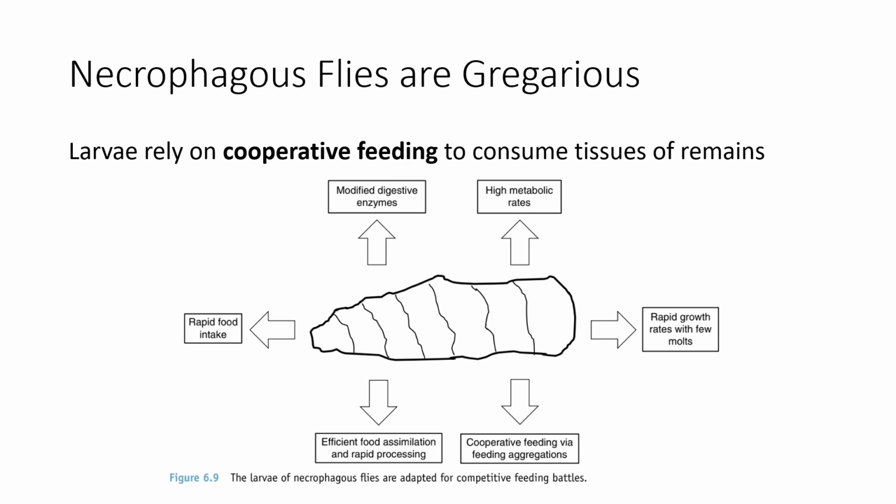Oftentimes you'll have fewer molts, depending on the insect species, but we still have what's called ecdysis, which is when they're shedding that exoskeleton. So that isn't reduced, but there are minor molts that could slow down because you have all this feeding and your body is just going to develop in a different way.